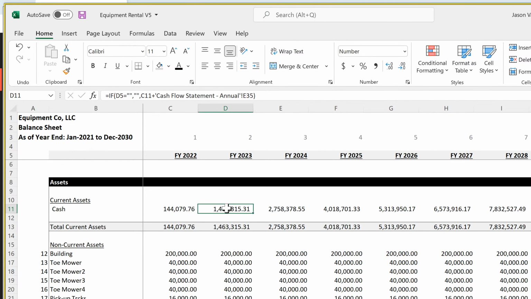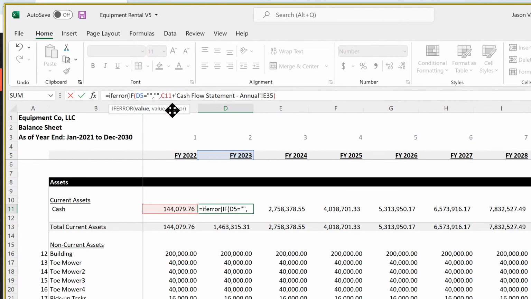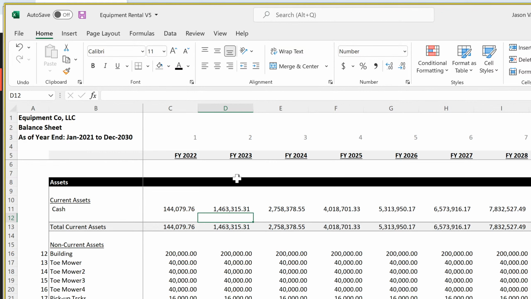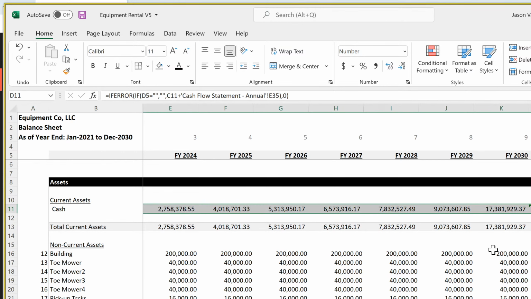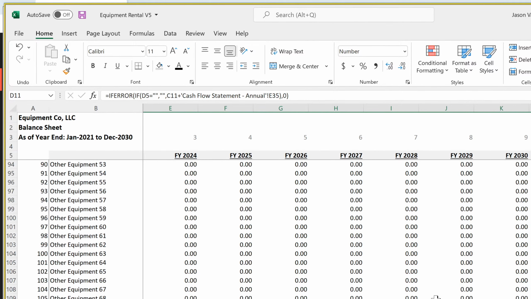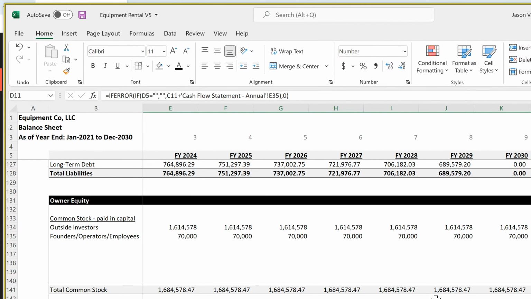Balance sheet. Annual still has the same thing. Alright, retained earnings.